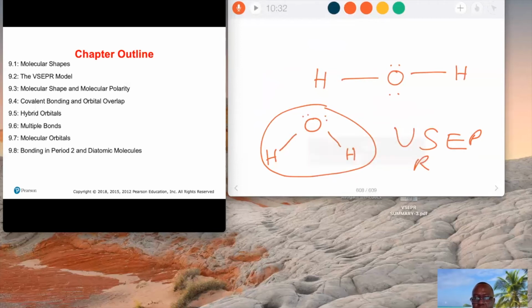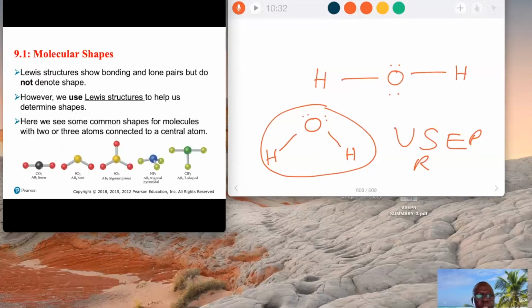We will look at valence bond theory, molecular bonding theory, and hybridization. We look at multiple bonds and lastly the molecular orbitals, not the atomic orbitals. I know we looked at atomic orbitals when writing the electron configuration of elements.